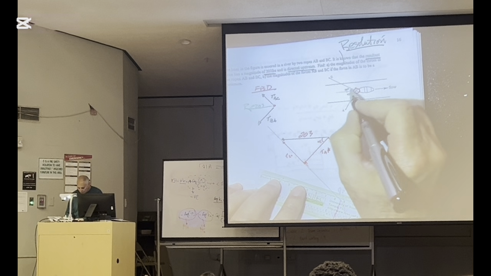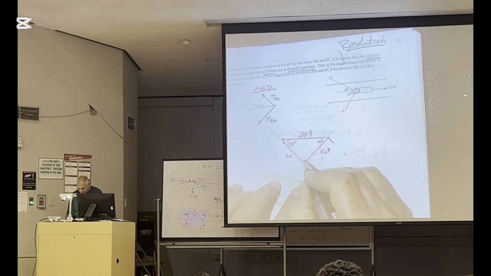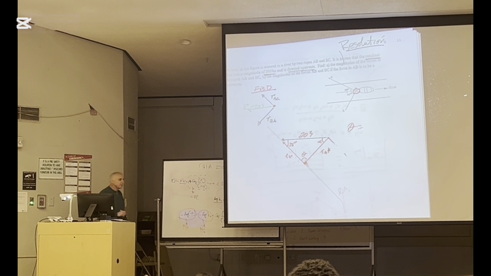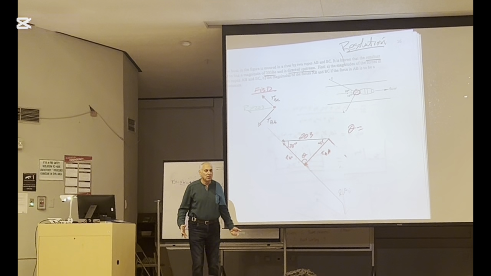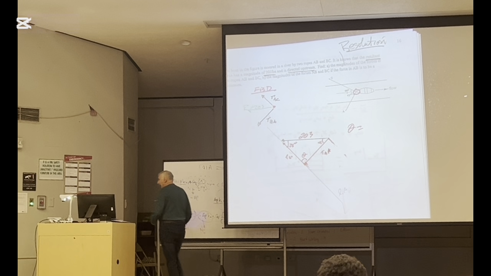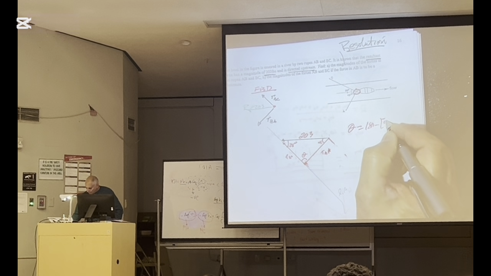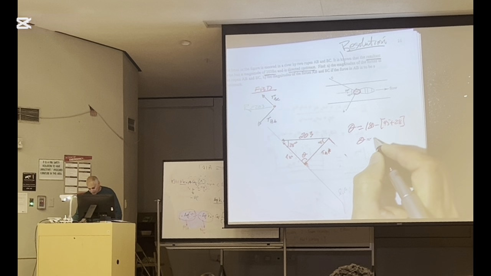Here, horizontal to TBC is 28. This angle is theta. What is theta? Well, what's the sum of the angles of a triangle equal to? 180. So theta has to be 180 minus 45 plus 28. Theta has to be equal to 107.